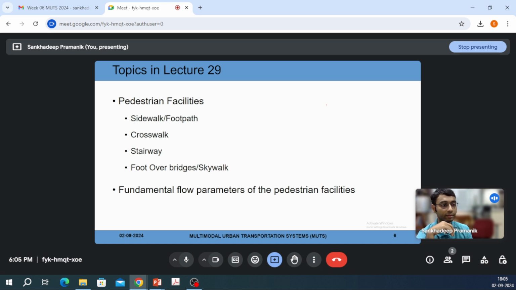It is only possible to design these facilities after knowing different parameters, like the effective width available to the pedestrian for walking. Then we may need to conduct different types of surveys. These things were discussed, and different fundamental flow parameters of the pedestrian facilities were discussed.